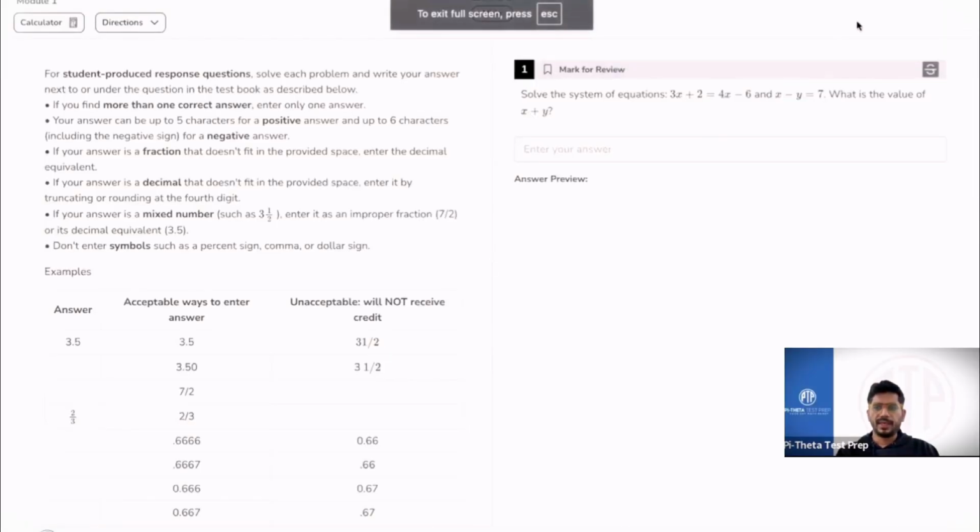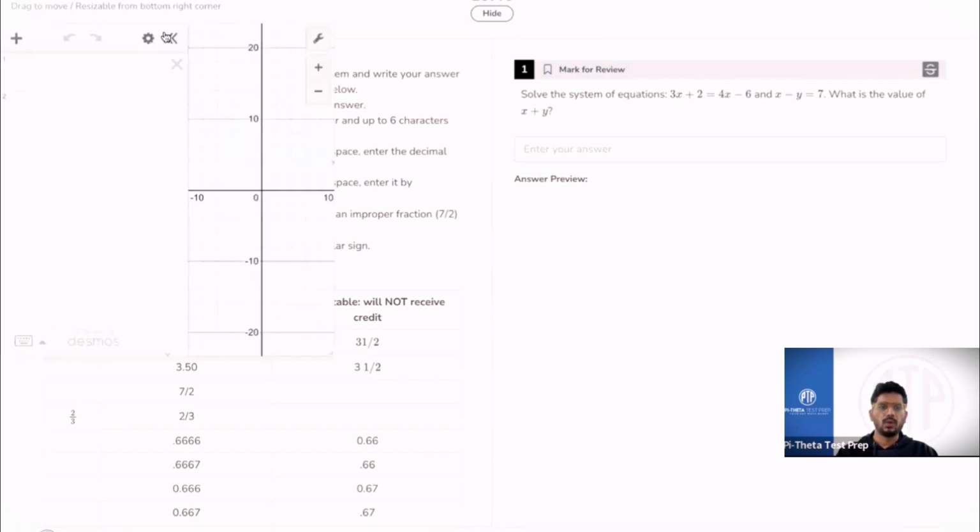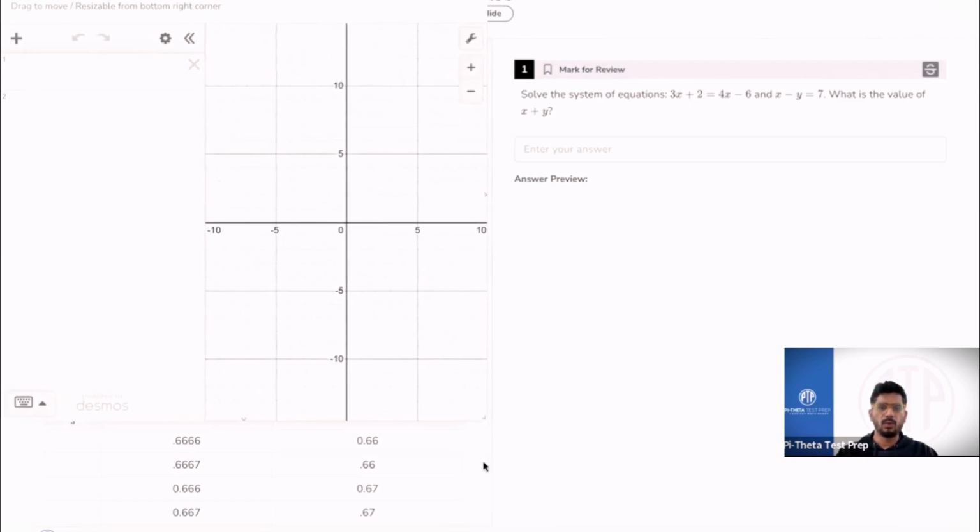Yes, everyone. The very first question is: solve the system of equations 3x + 2 = 4x - 6 and x - y = 7. What is the value of x + y? You can go to the calculator. This is our Desmos calculator, and it's built into your Bluebook app as well, where you will take your actual exam.